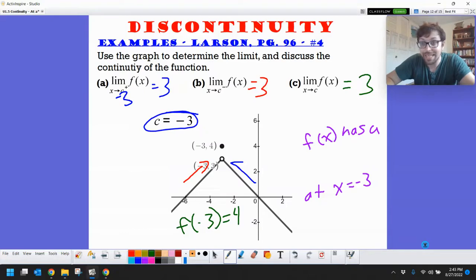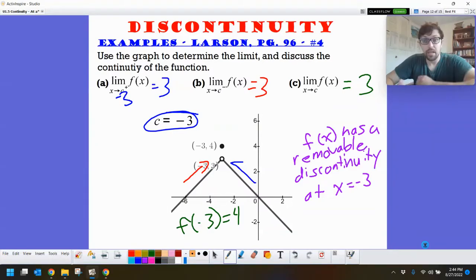Hey, that does not equal 3. So what the function is actually spitting out at that value, -3, is not equal to what the limit is. That makes it a removable discontinuity. Depending upon where you're working, sometimes removable is also called a point discontinuity, but removable and point discontinuities are the same thing.